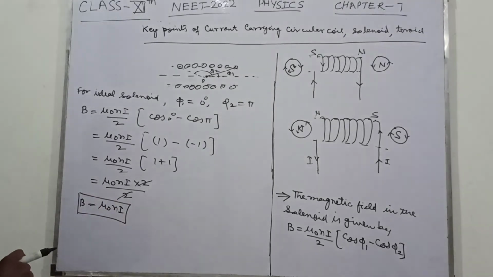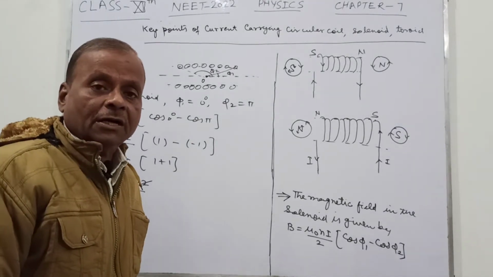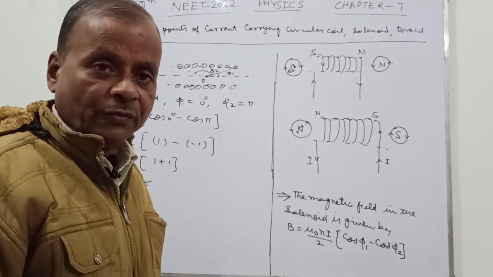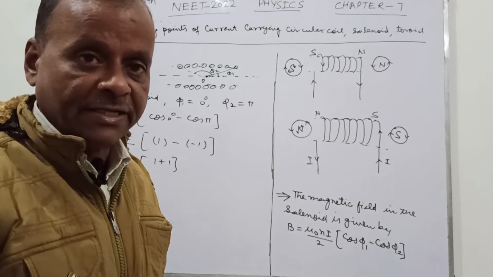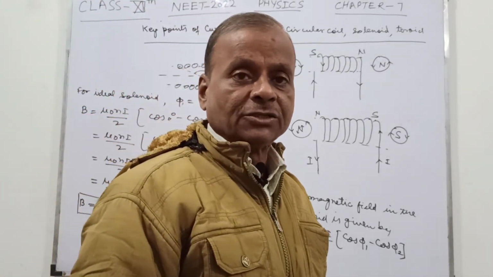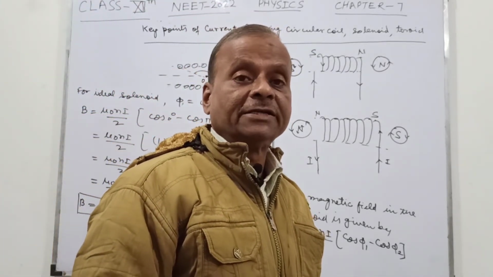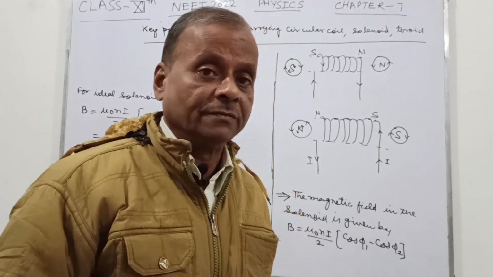This is so much. What we have seen is the formula for the magnetic field at the center inside the solenoid, and I have taken that to be the ideal solenoid.